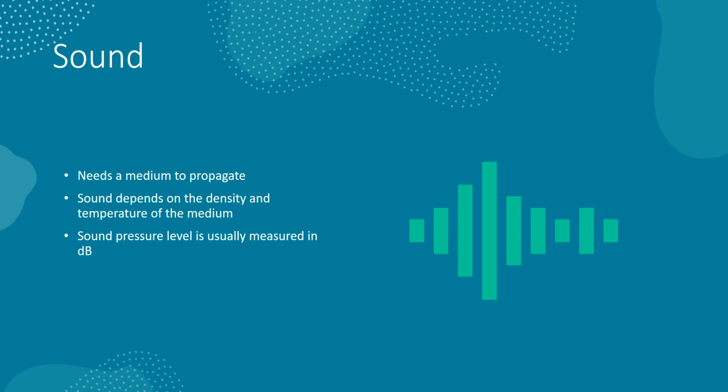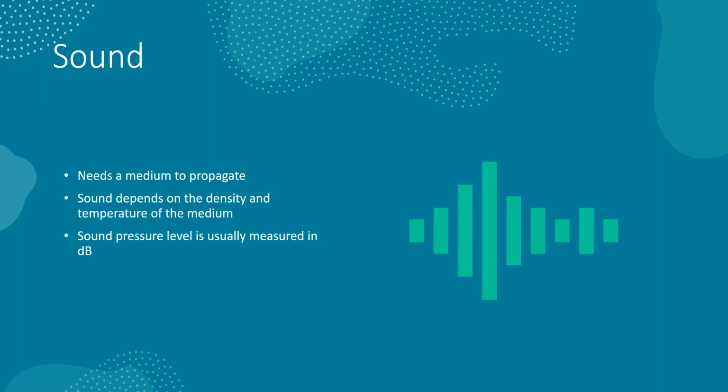When you speak about sound, sound needs a medium to propagate, because in a vacuum space sound cannot propagate. So in space we won't be able to speak to each other or hear each other if someone on the other side is speaking. Fortunately, we have air around us which acts as the main medium.